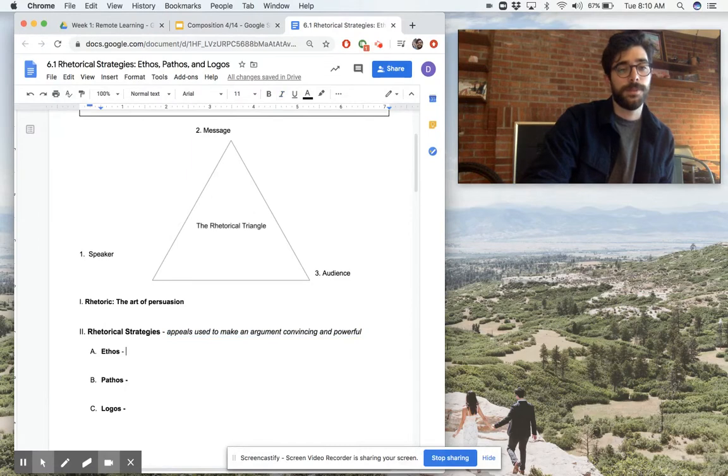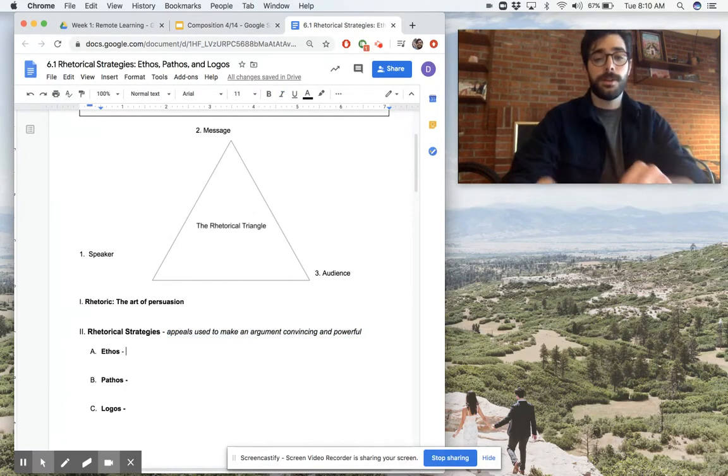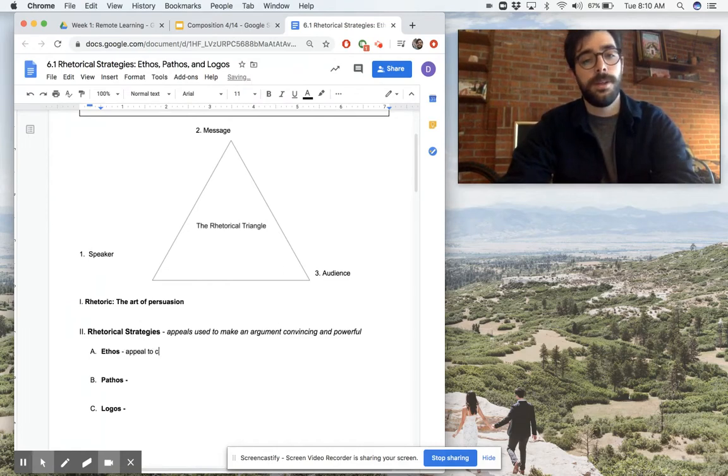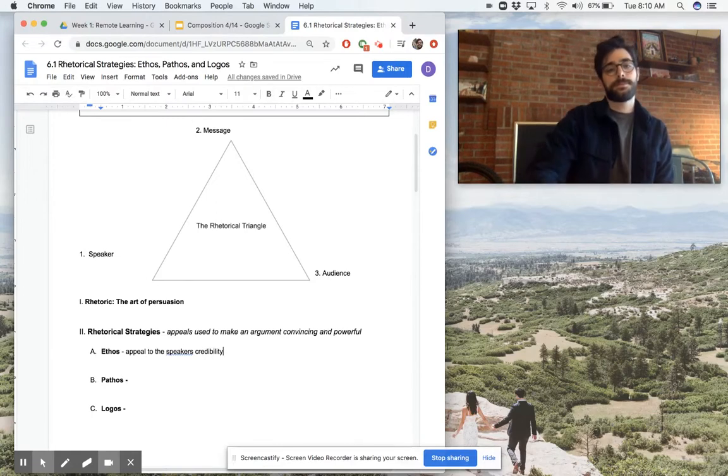There's 3 types of these appeals, and the first type of appeal is known as ethos. Ethos is an appeal to the credibility of the speaker. Appeal to the speaker's credibility.